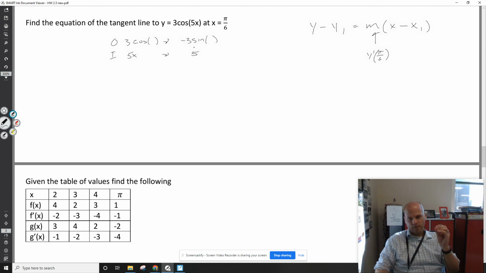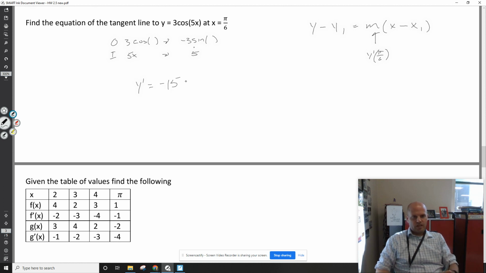No, that's not a slope. That's a slope generator. Derivatives are slope generators. You plug in x's to get y's. Those y's on f prime, on y prime, are slopes of y or f.